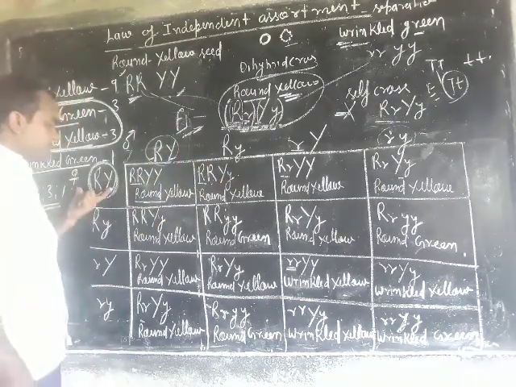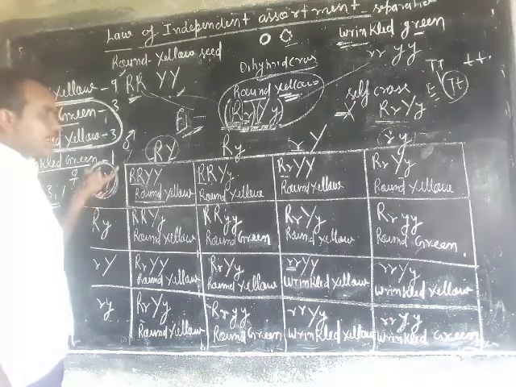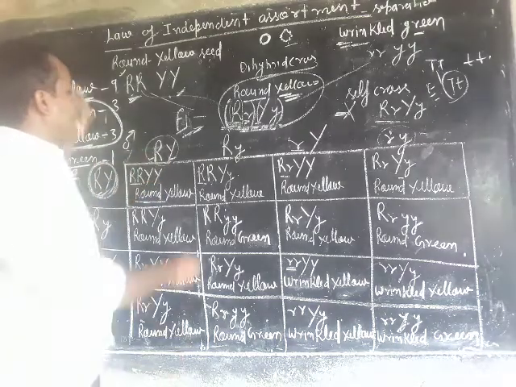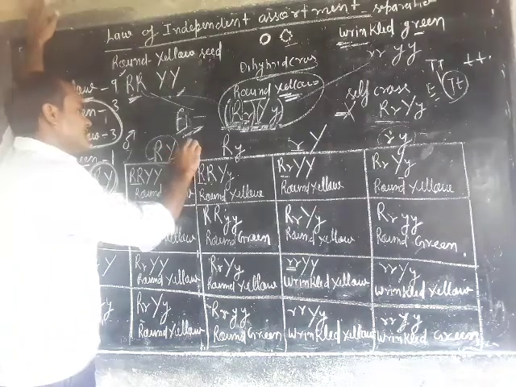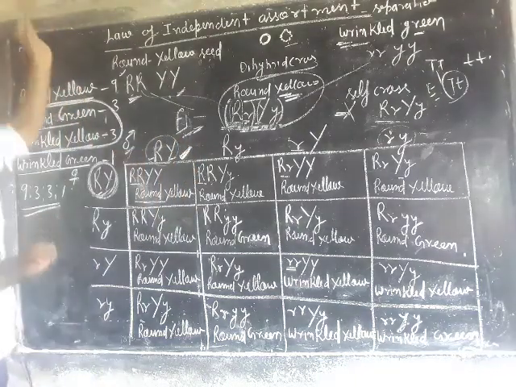These female gametes having dominant characters are fertilized with the dominant gametes of the male plant.